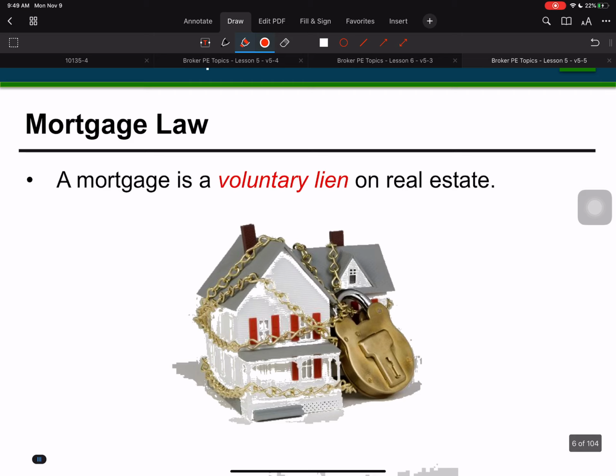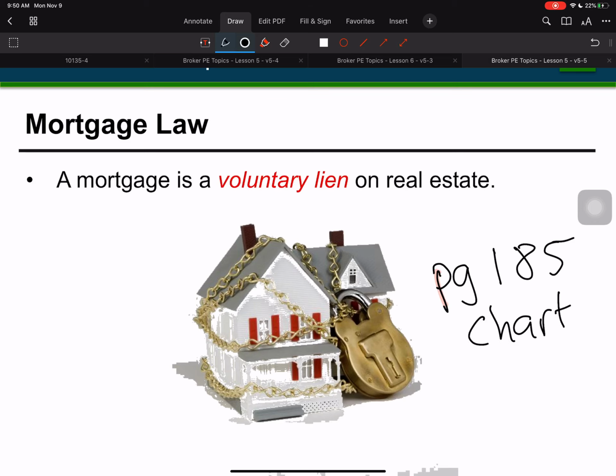So, mortgage law. A mortgage is a voluntary lien on real estate. In your book, you will see a chart on page 185.